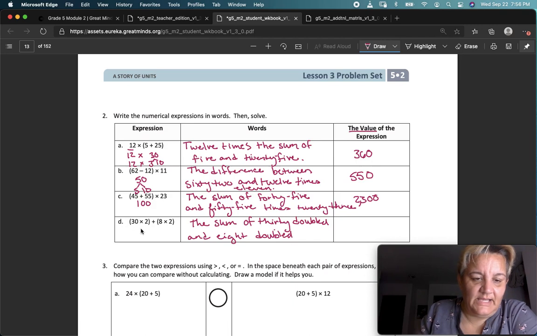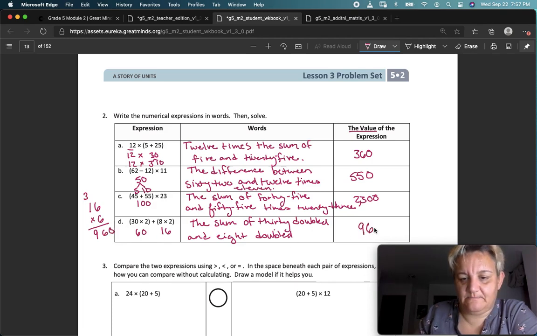Okay. And 30 times 2 would be 60. And 8 times 2 is 16. So let's see. 16 times 6 would be 36. 36, 7, 8, 9. And then put the 0 back on. 960.